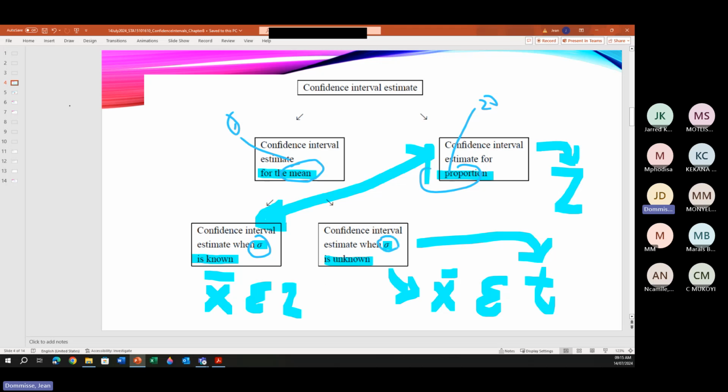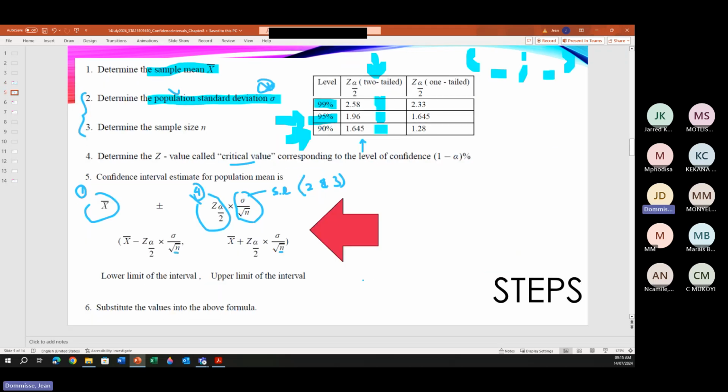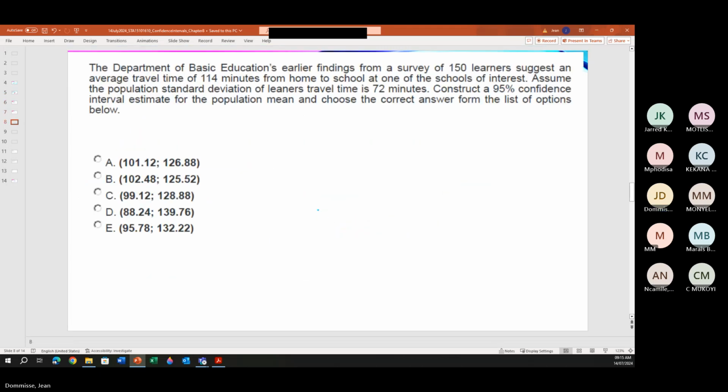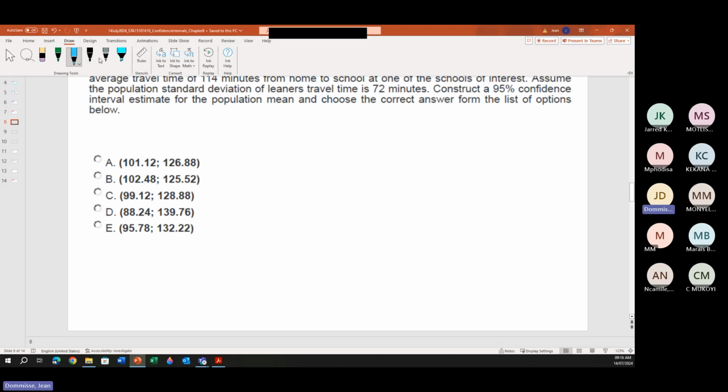Okay, so that is nearly the process that we will follow. So let's get into a few examples. Okay, and I will nearly highlight the things that is important.